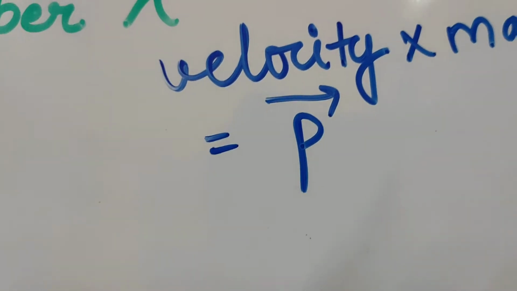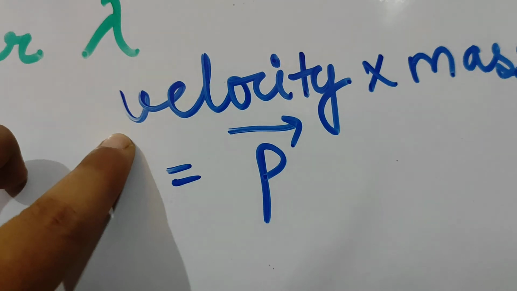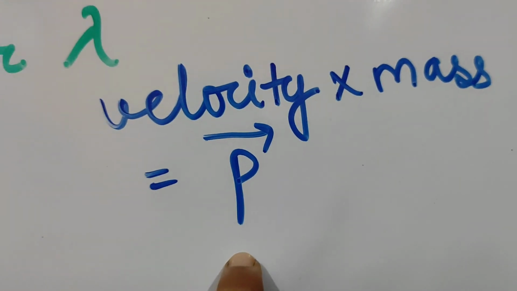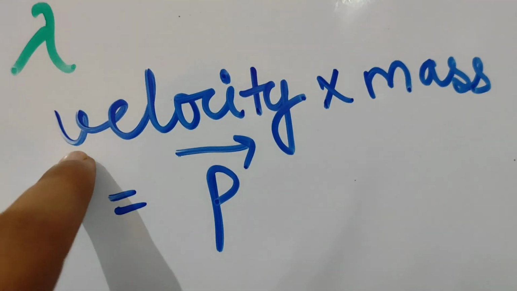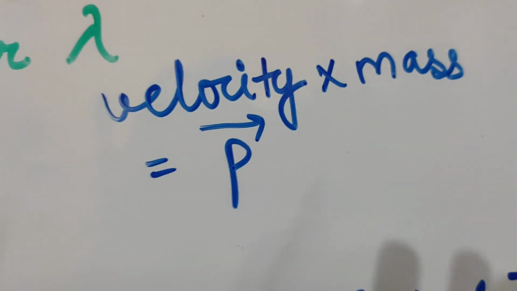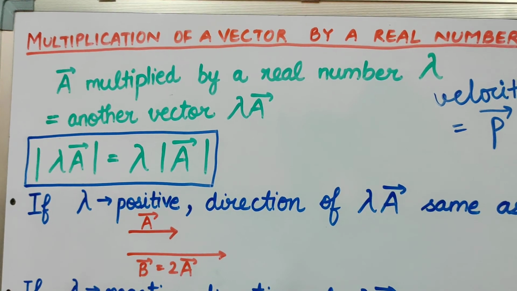So this new vector will be formed by the vector and the scalar which we are using, and we will again find a new vector in this case, and its unit will be equal to the unit of velocity multiplied by the unit of mass. So this was all about multiplication of a vector by a real number.